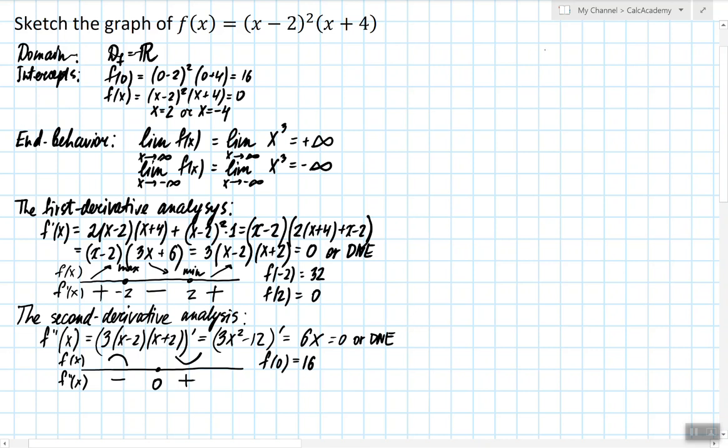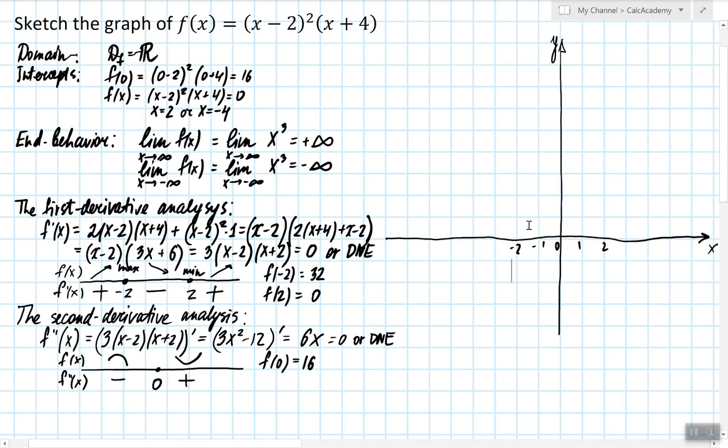So let's draw the coordinate plane. And on the x-axis we're going to use this scale. 1 square corresponds to 1 unit.